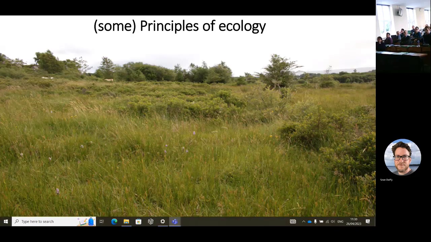So very finally, just some principles. This again is the land in Leitrim that had the best Marsh Fritillary source area. We're going to talk to you about habitat classification, identification. You walk in there with your habitat classification and you go, I can't classify this. It's a mixture of everything. And again, you can't see it very well.